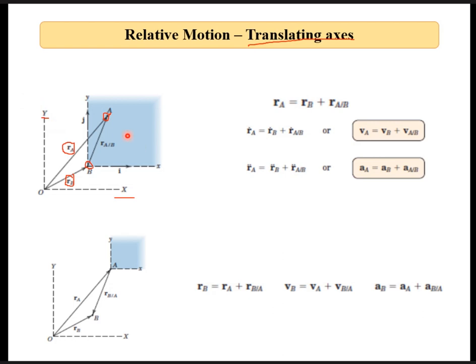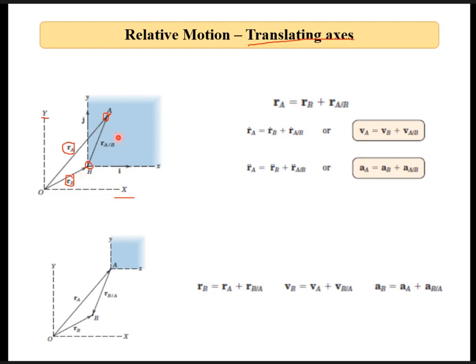Now if I take this translating axis at point B, with x-axis and y-axis along this direction, this capital X, capital Y has translated to this point. So this is a new reference frame. Now the position of A with respect to B, how can you denote that?